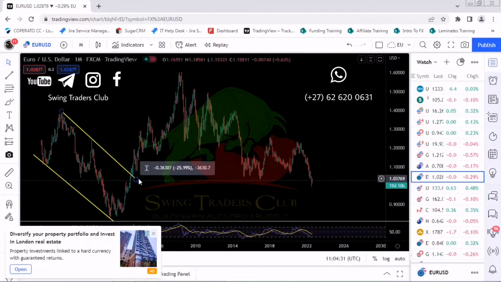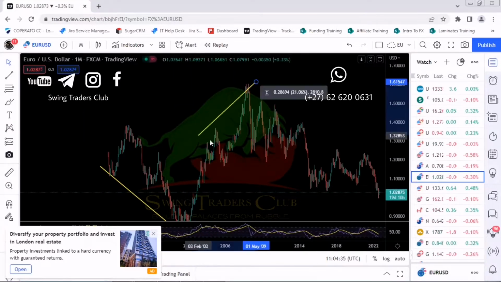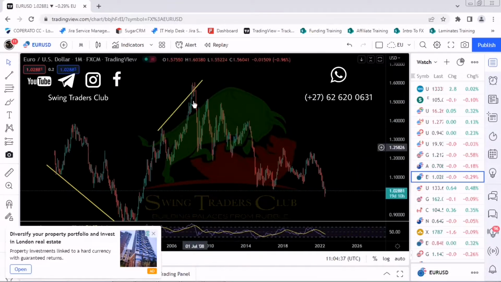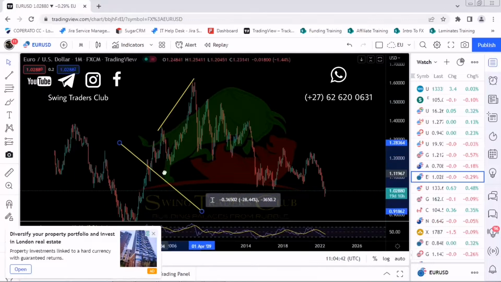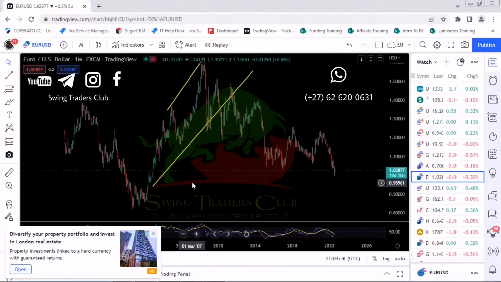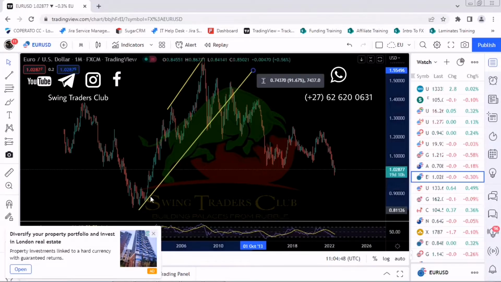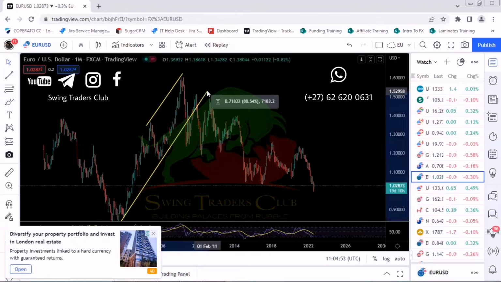Also, as you can see from there to that point, in this manner, the market was in an uptrend. This was an uptrend, right?